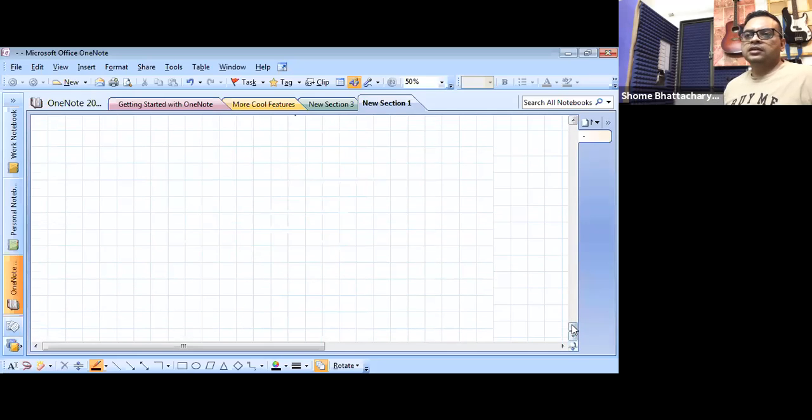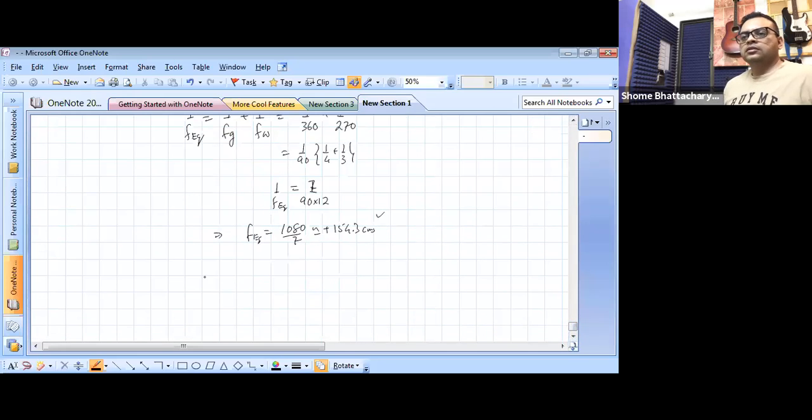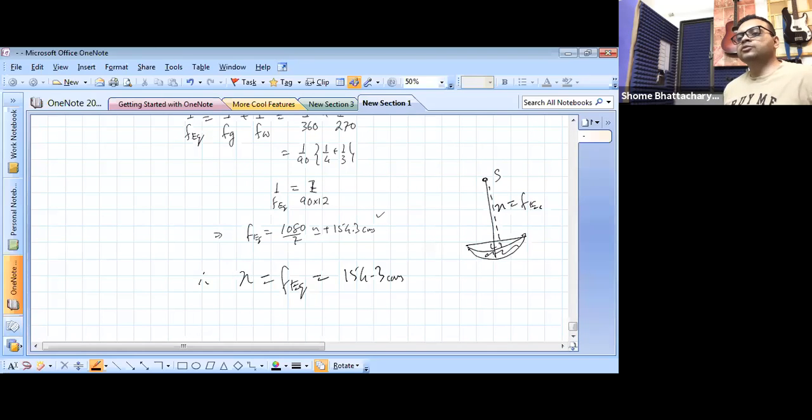So finally, in our question, the distance x at which we are keeping the point source should be equal to the equivalent focal length, approximately 154. So we keep this point source at a distance equal to the equivalent focal length, then light coming from it will emerge parallel to the principal axis.